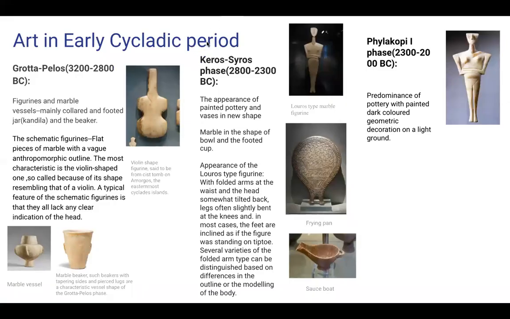Here is some art produced during the early Cycladic period. As you can see, the early period is divided into three phases right here. You can take a look at these images.